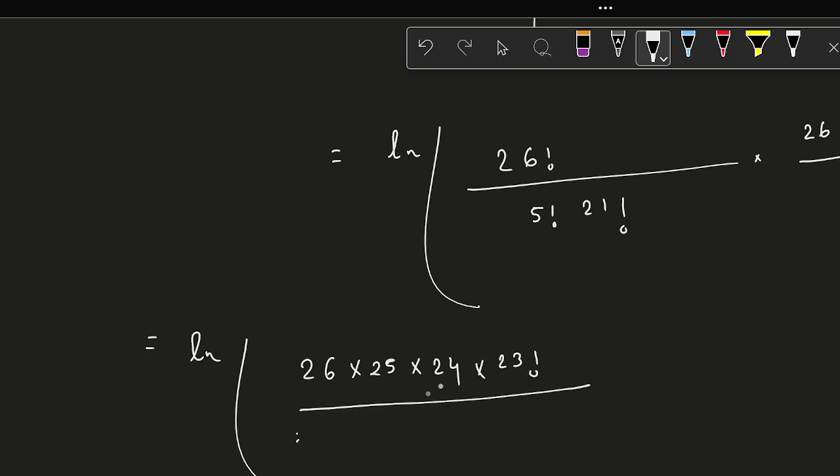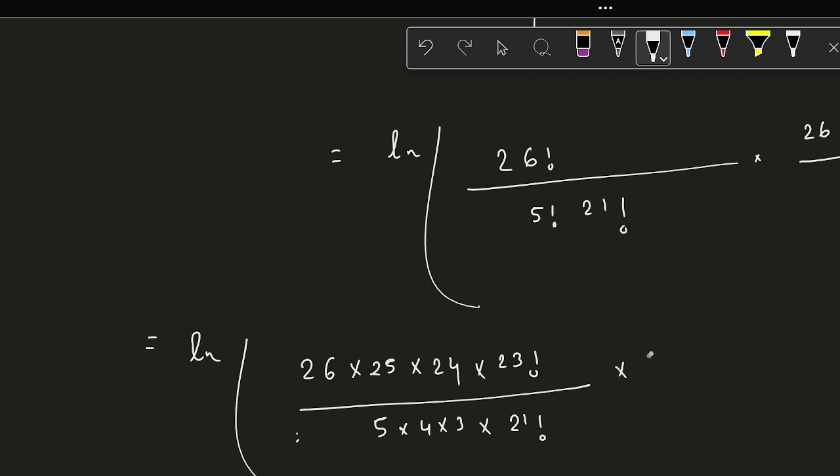I am just writing it like that because I want to cancel it out with the 23 factorial over here. Then 5 factorial can be written as 5 into 4 into 3, and then 21 factorial, leave it as it is.